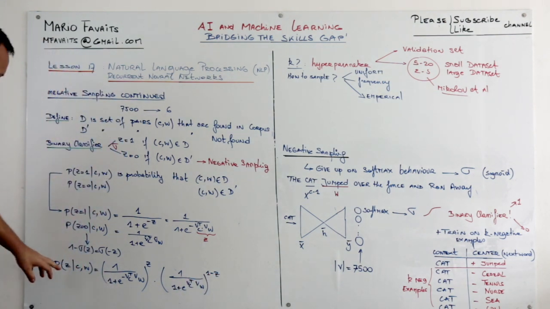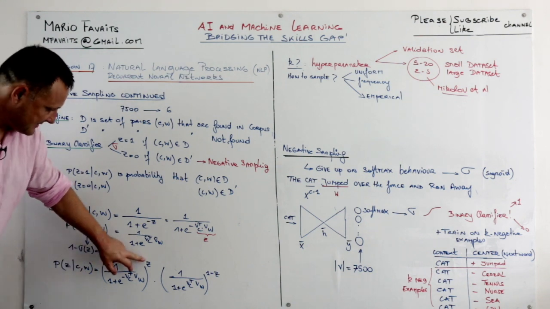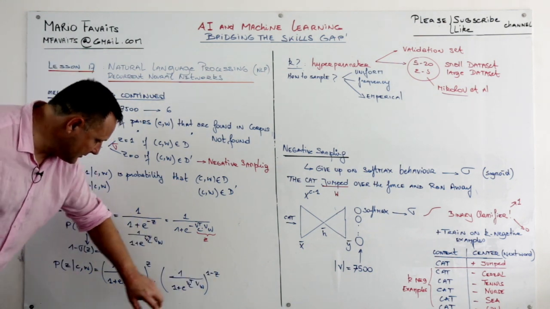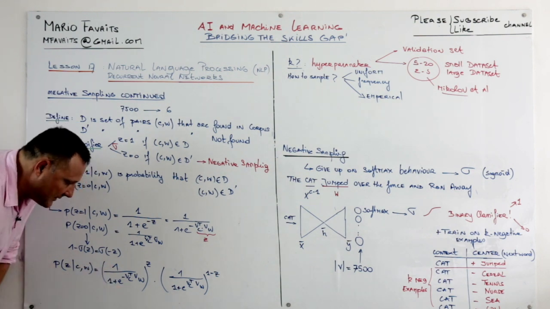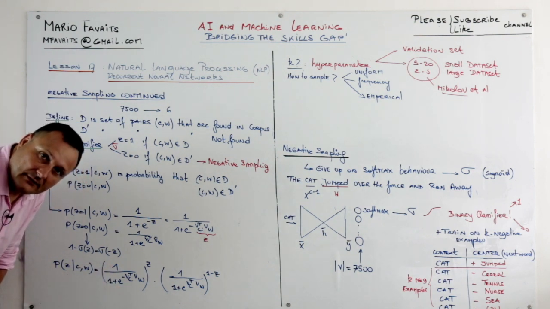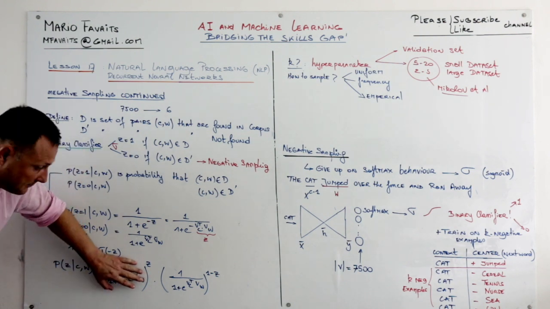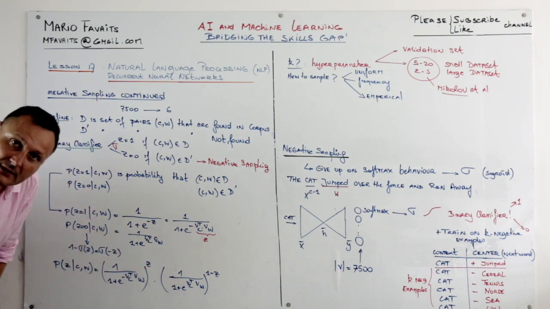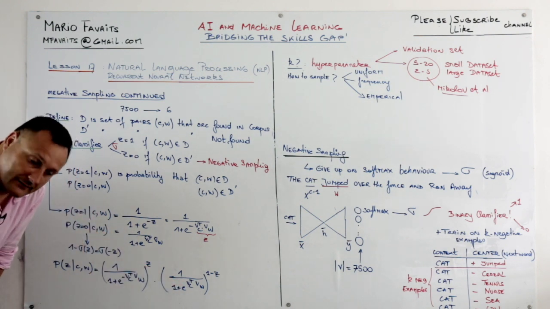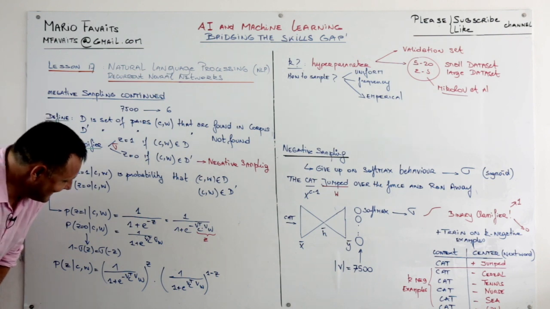If z is equal to 1, this becomes 0, and this becomes the sigmoid. And if z is equal to 0, this term disappears, this becomes 1, and you get this term. So that works out nicely.